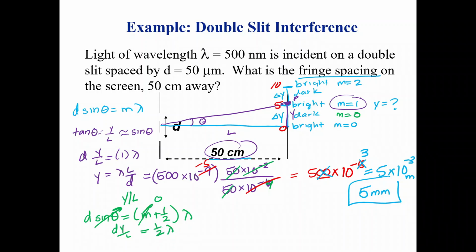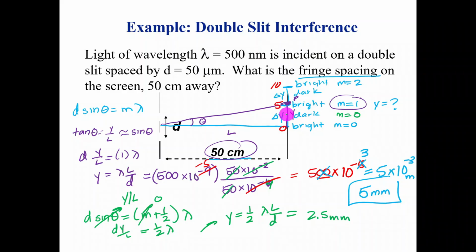So if I wanted to find where's that first dark fringe, what I would do is I would solve for y. So to do that, I would get y is 1/2 of lambda times L over d. And I can see that if I was to plug in values, that would end up being 2.5 millimeters.